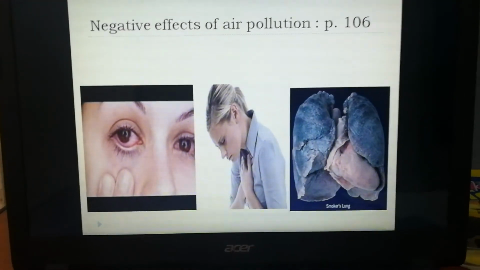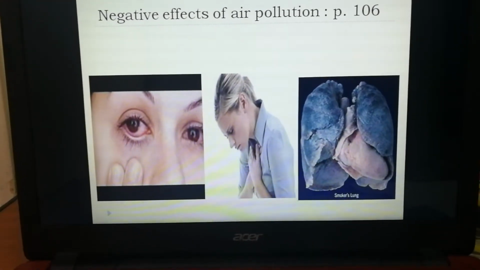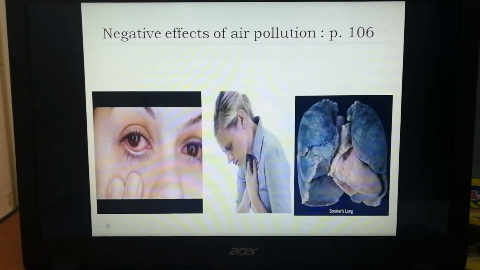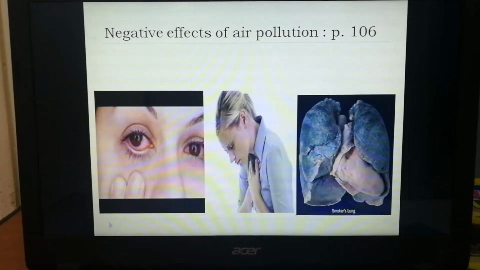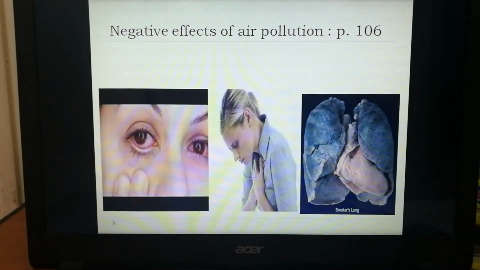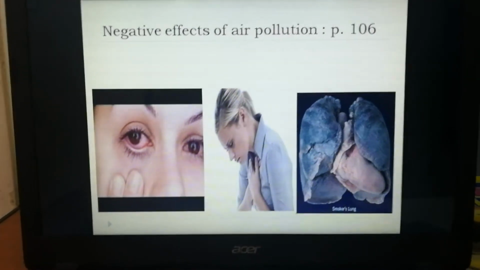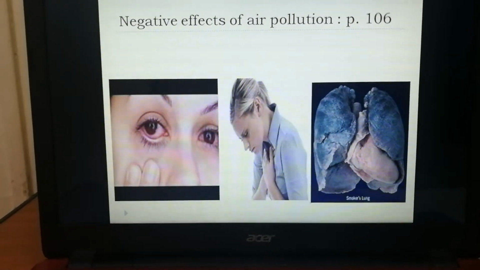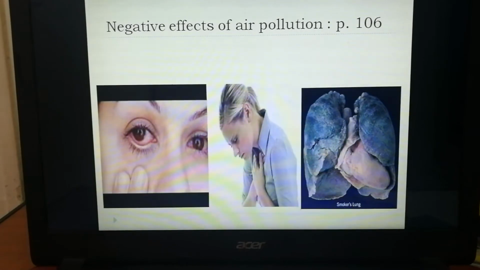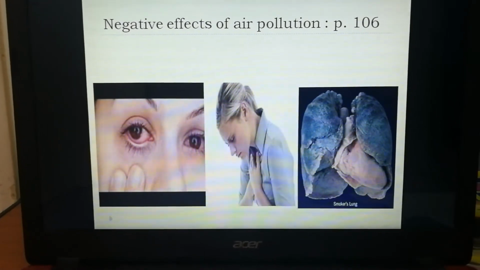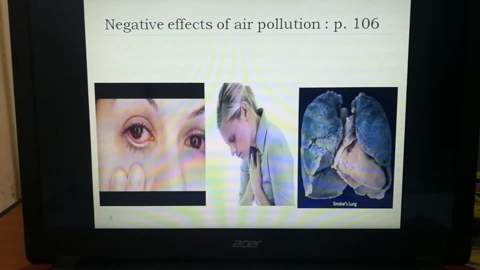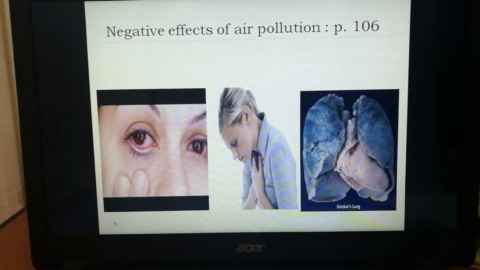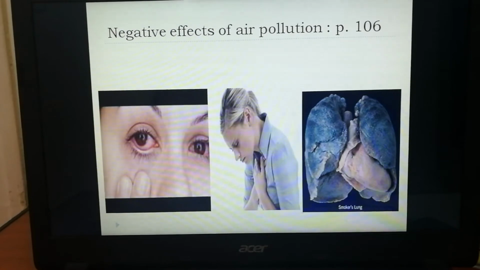Now, after seeing the indoor and outdoor pollution sources, let's see the negative effects of air pollution. Open page 106 and read the examples of the negative effects of air pollution. What can air pollution do? How does it affect us? First, look at the picture. What can you see here?